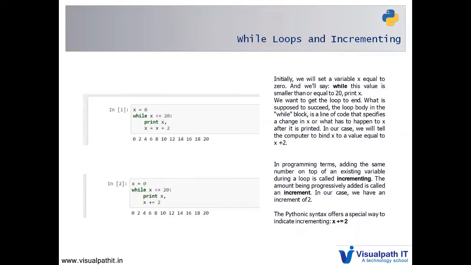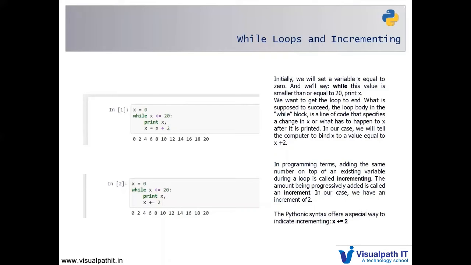So we initially set a variable x with a value of 0, and then we specify the condition wherein x is less than or equal to 20, which means that it is also going to include 0 and 20. And within the while loop, we are saying print the value of x, and we also need to increment x with a value of 2.